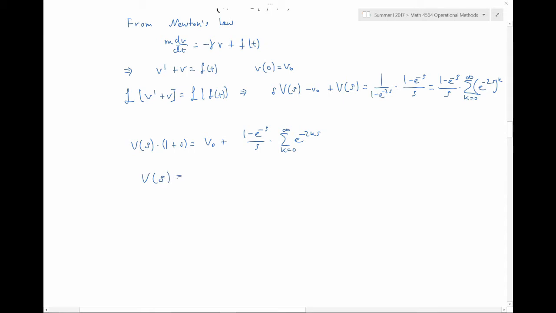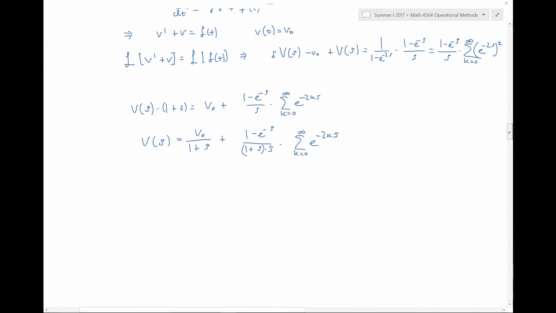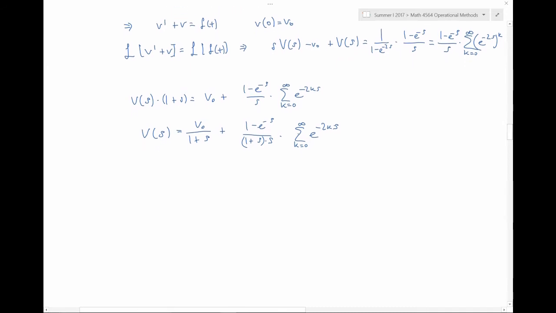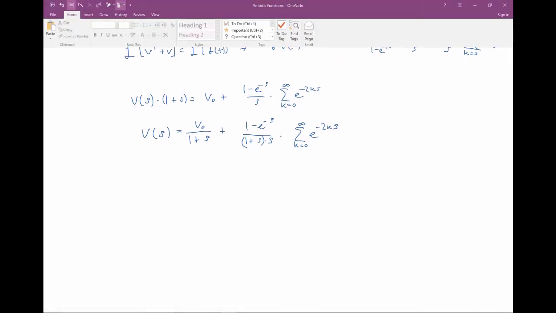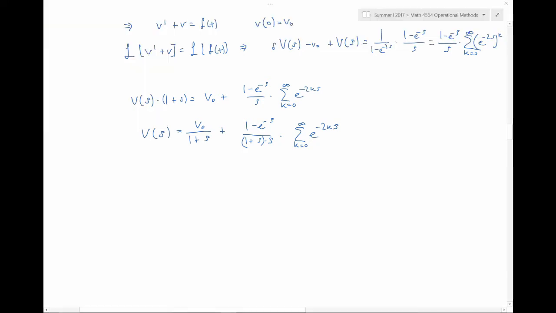Therefore, the final version of v of s is v naught over 1 plus s plus 1 minus e to the minus s over 1 plus s times s times the summation k goes from 0 to infinity of e to the minus 2ks. Multiplying by an exponential factor means that the original function should be shifted.